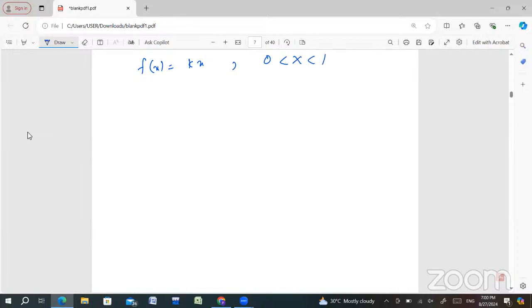By the property of PDF, we can write that the integral from 0 to 1 of fx dx will be equal to 1, right?